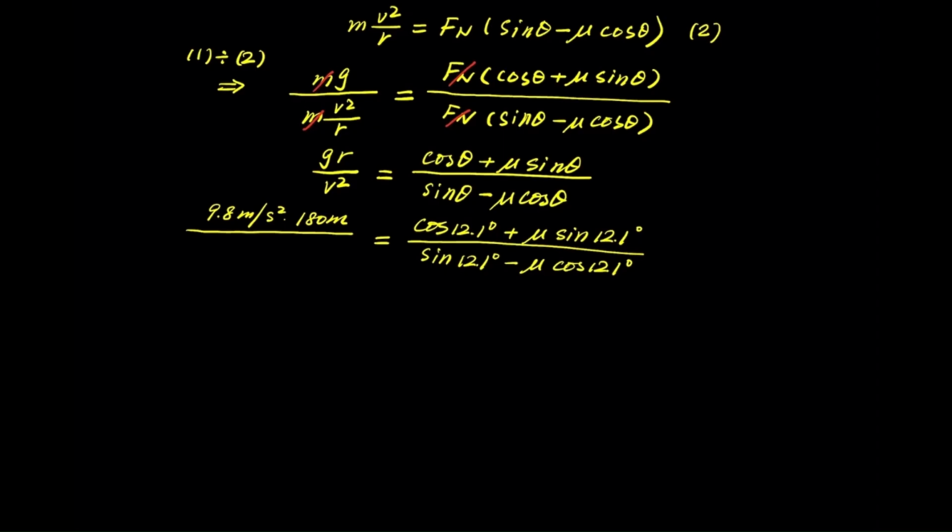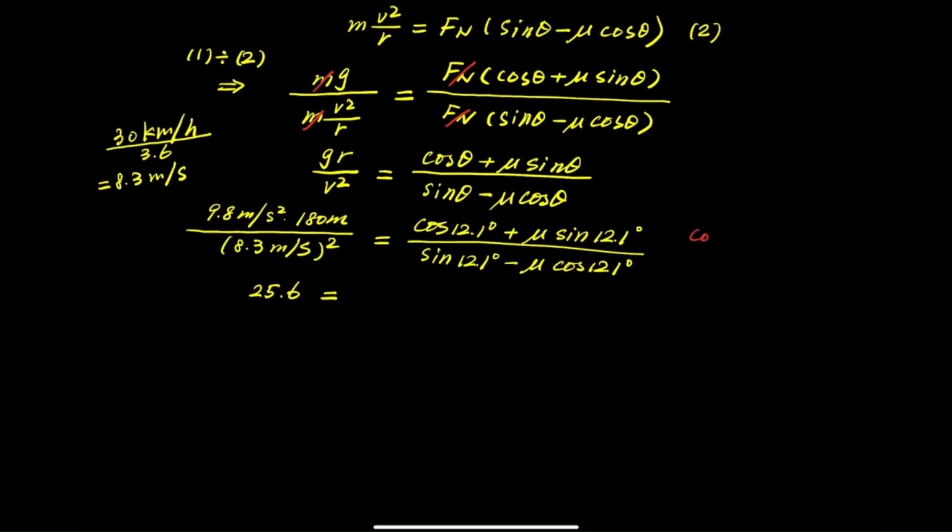The speed is 30 kilometers per hour, and after dividing it by 3.6, it converts to 8.3 meters per second. So the speed is 8.3 meters per second, then squared. So the left side works out to 25.6.